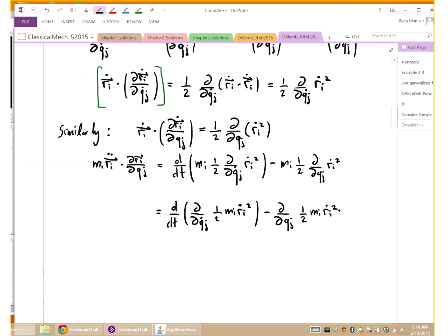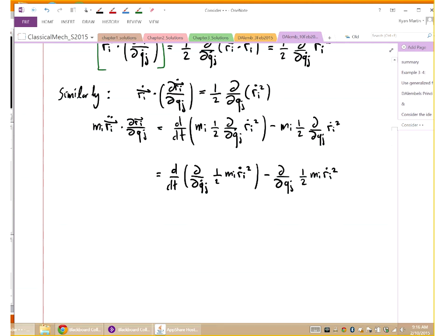Alright, I can move the half mi inside or outside of the di by qj because half mi is just a constant out the front. Now half mi ri dot squared. So let me just introduce a new variable I'm going to call capital T. So let T, capital T, or Ti, be defined as a half mi ri dot squared.